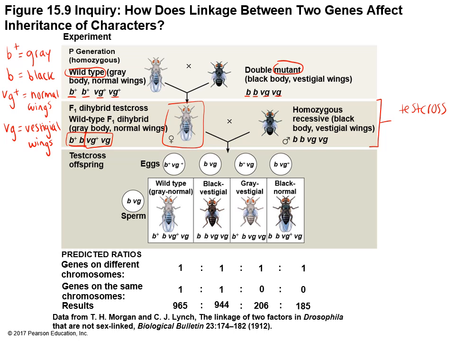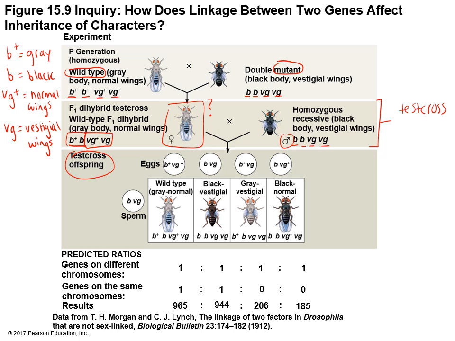The test cross is usually used to find the genotype of the mystery individual. And in order to do that, we cross them with a homozygous recessive individual, which is our black-bodied, vestigial-winged male fruit fly here. So the test cross offspring are shown below. And we got the probabilities of the different fruit flies using a Punnett square.